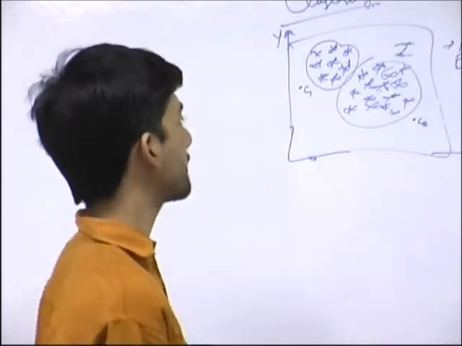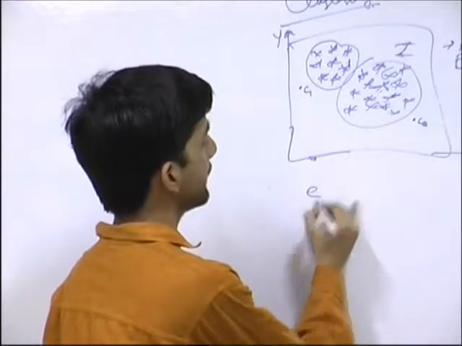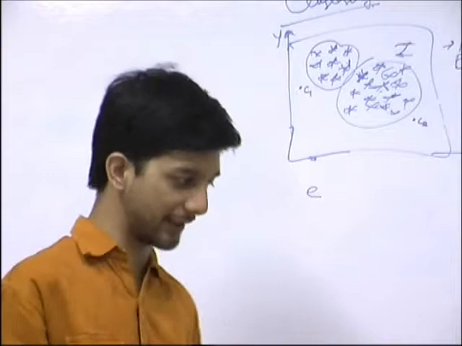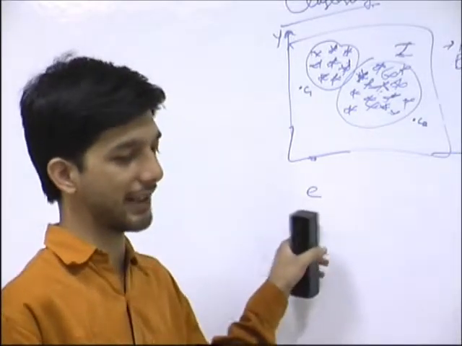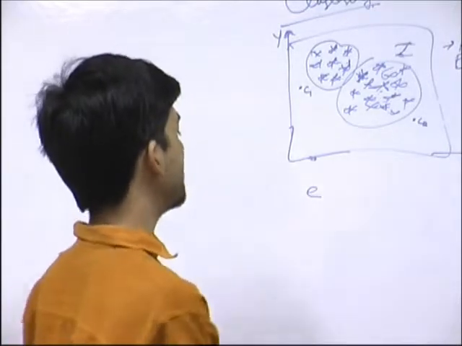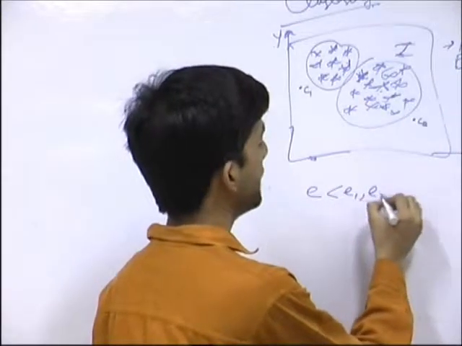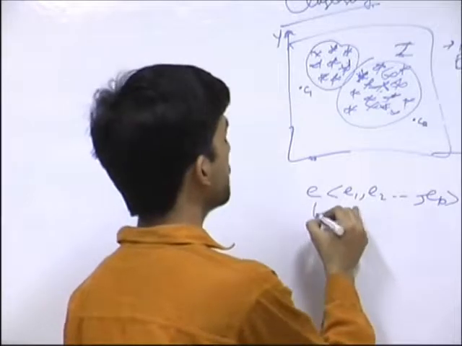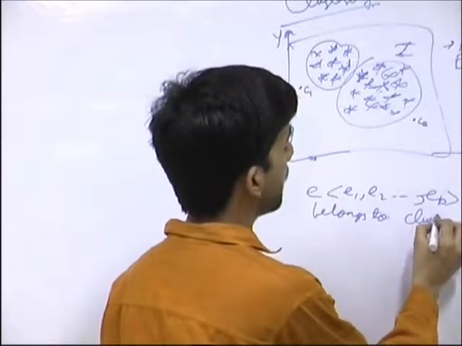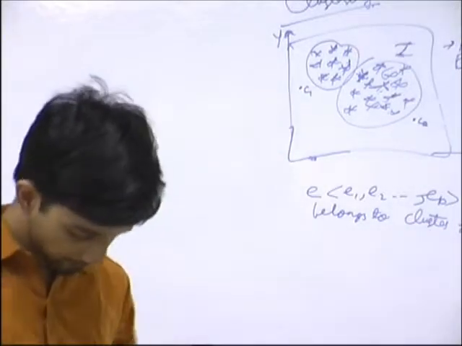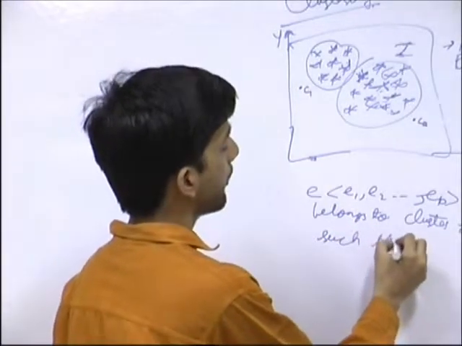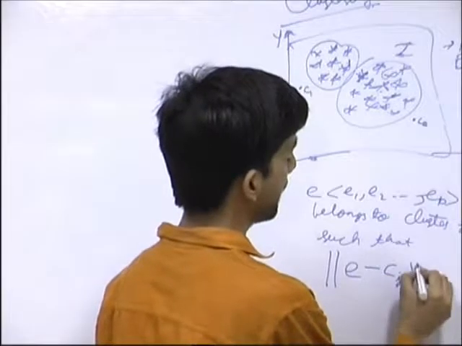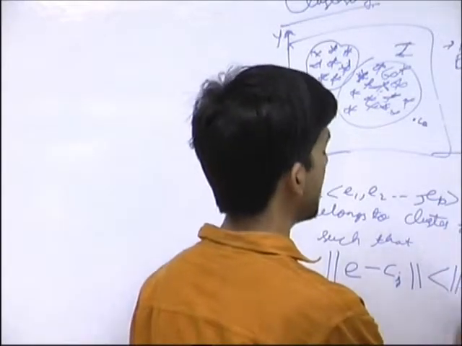A k-means clustering algorithm says that an element, which I had earlier represented by an ij, that is an element E, which would obviously be of the form E1, E2 and up to EP, that is a point in this p-dimensional space, belongs to cluster J such that the distance between the element E and the cluster center J is less than that to any other cluster center.